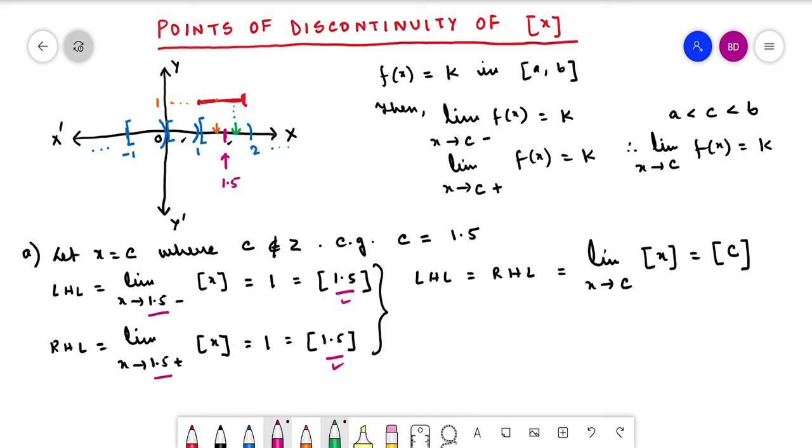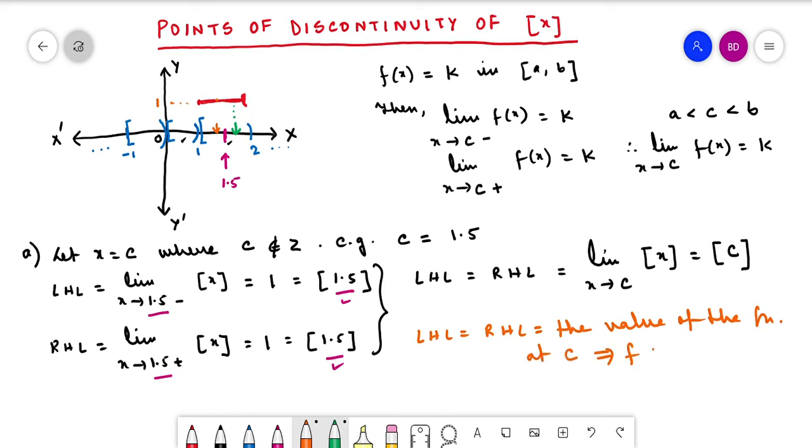You know that that is the definition of continuity: if left hand limit equals right hand limit equals the value of the function at c, then that implies that the function is continuous at c. Here, of course, we are talking about the limits at c.